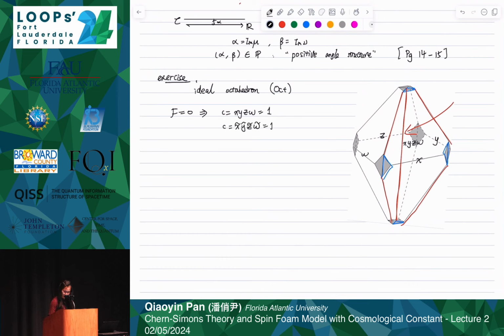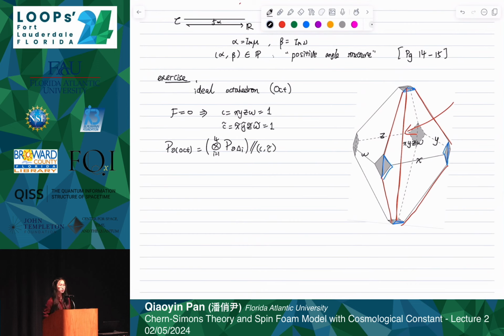And this is another constraint, a gluing constraint. Then the phase space of the boundary of the ideal octahedron becomes the direct product of 4 phase spaces of ideal tetrahedra, but double quotient by the constraint c and c tilde here.